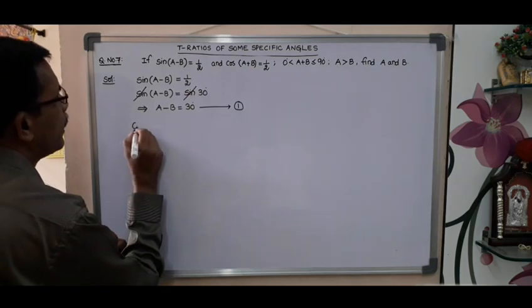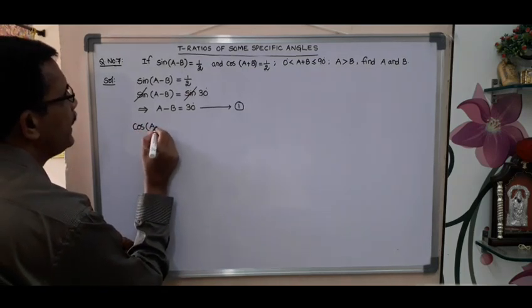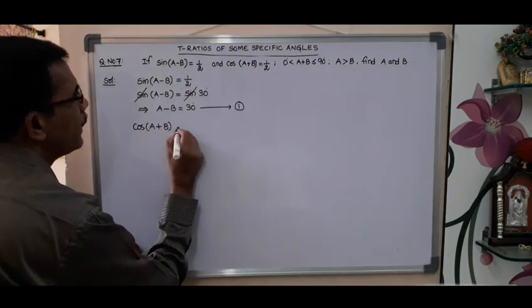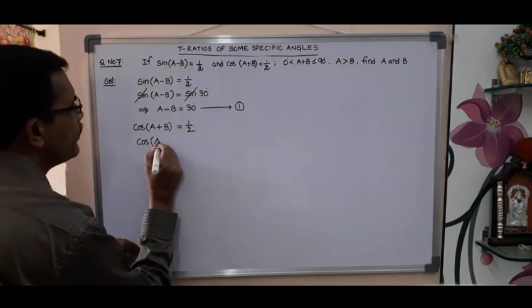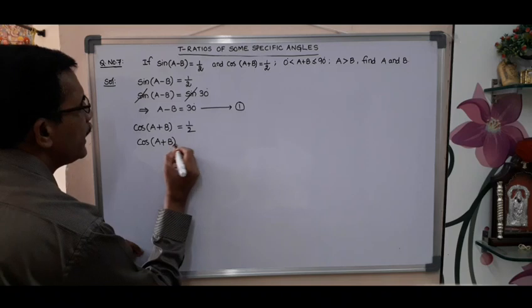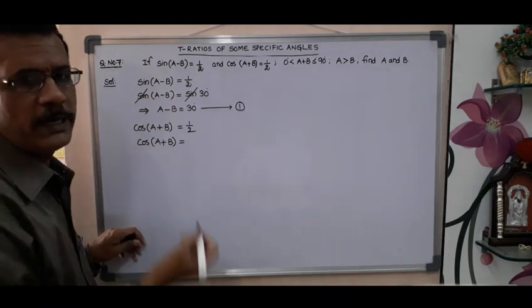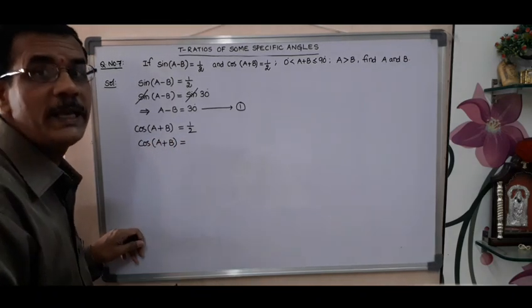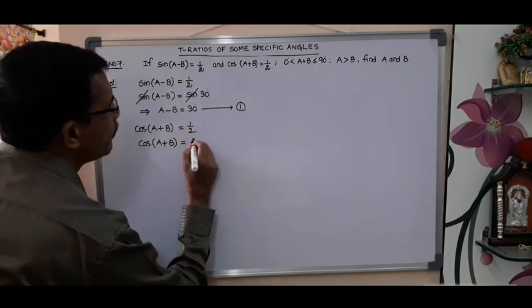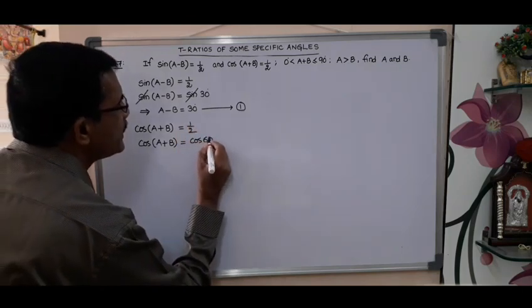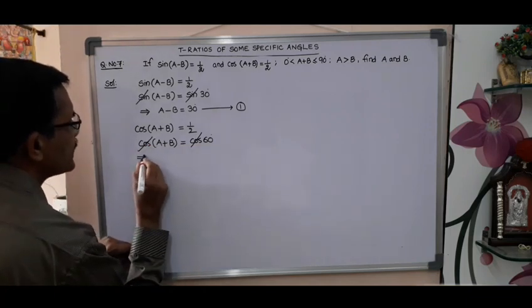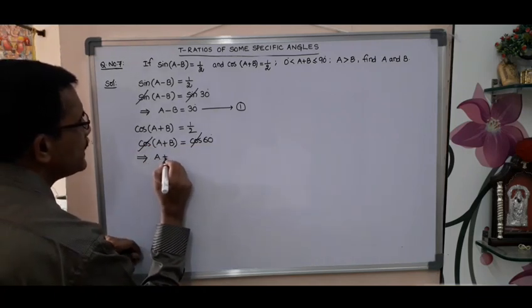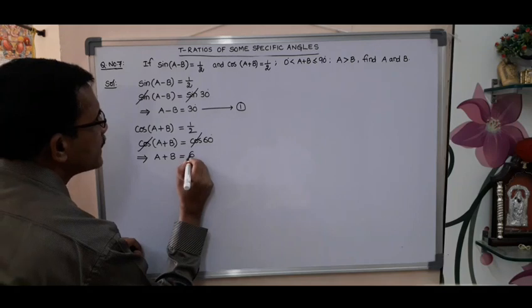Now the second one, cos(A + B) is equal to 1/2. In cos, we get 1/2 for cos 60 degrees. So in place of 1/2 we will write cos 60 degrees. On both sides the cos will get cancelled, so A + B is equal to 60 degrees.